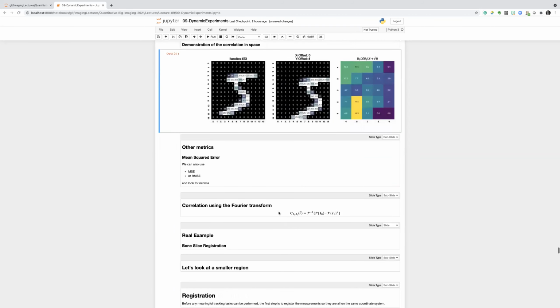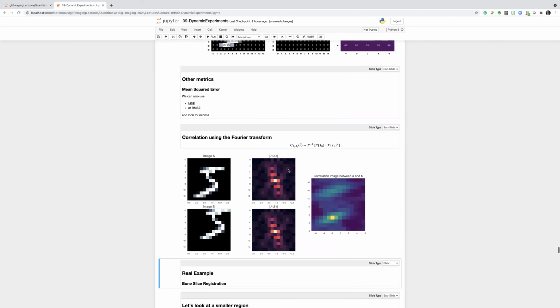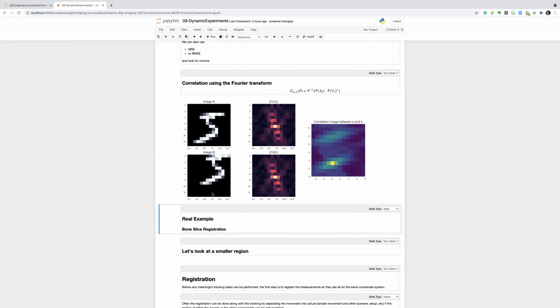And then we can also look at the Fourier transform. You can see that we have the two images. The absolute value of the Fourier transform looks the same. The differences lie in the phase image.